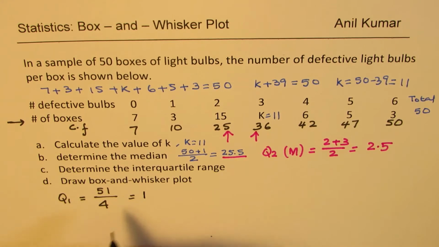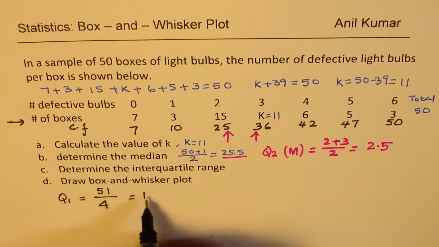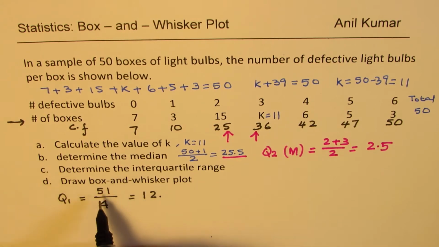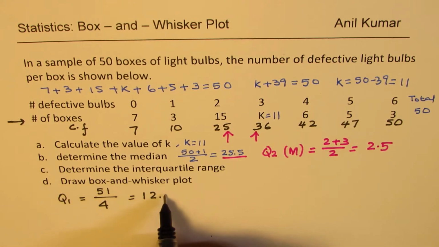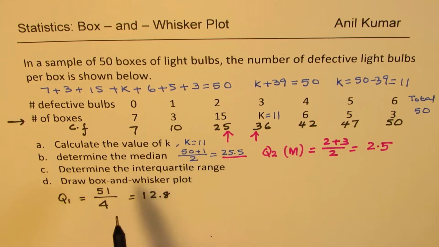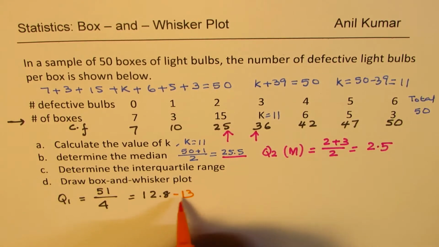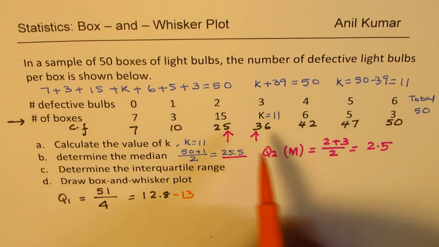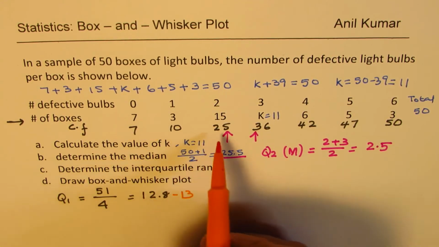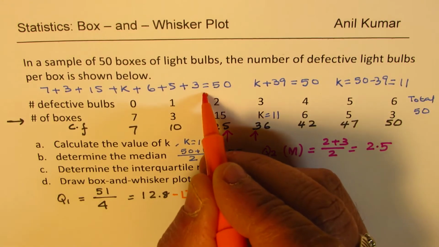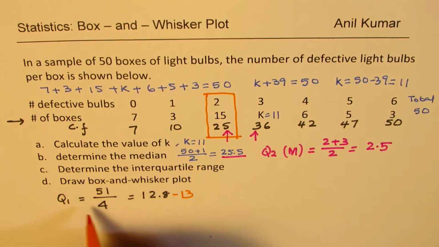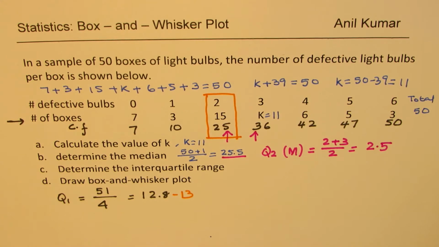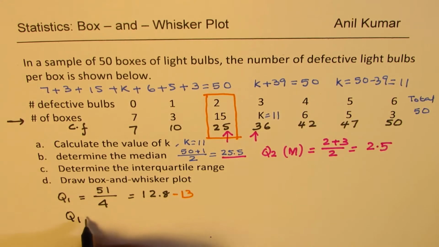So 4 goes 1 times, 2 times, and a decimal value, so let's say 12.8 or something like this, right? So what we are looking into is a value which is 12.8, not after 12. So between 12 and 13, right? So if you go into this group, we have this interval which gives you Q1. So Q1 is 2.